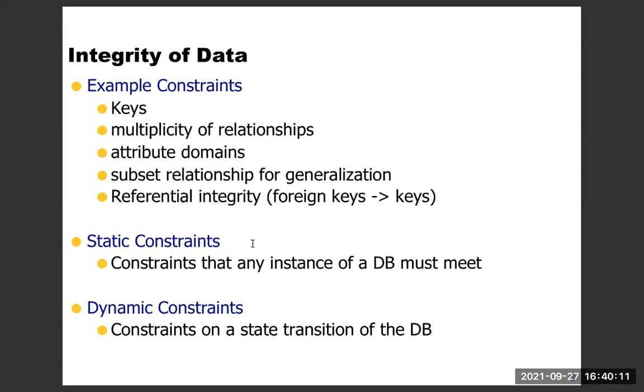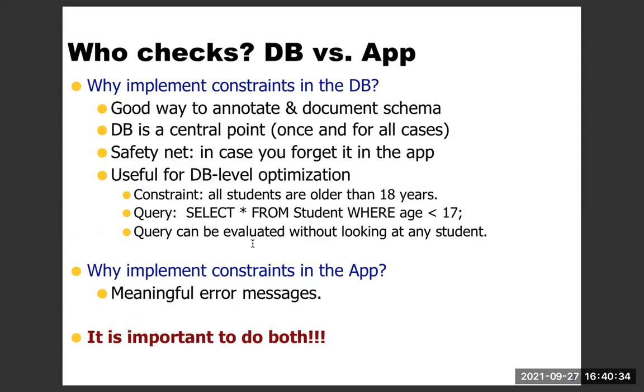So that's a static constraint. And some of the constraints are dynamic. So they are constraints on behavior, not just on values in the database. And those constraints are for transactions mostly. So we'll not look at dynamic constraints at the moment.